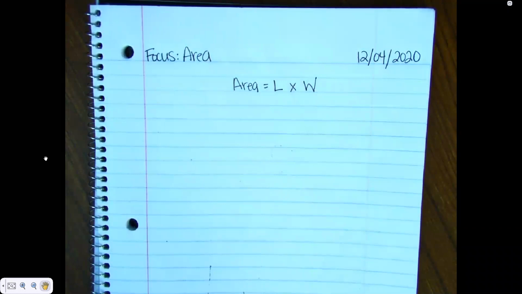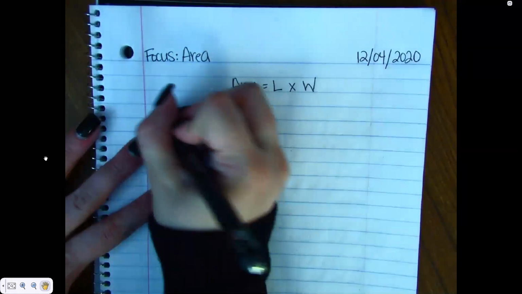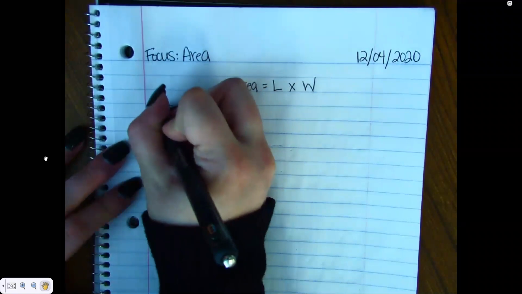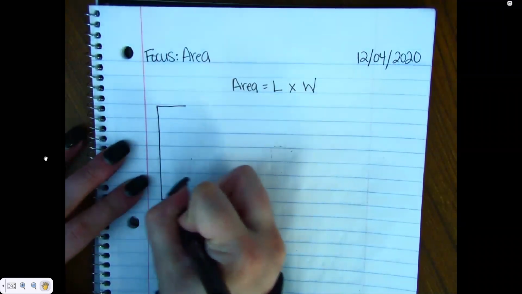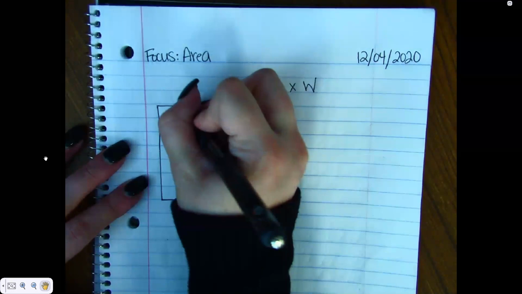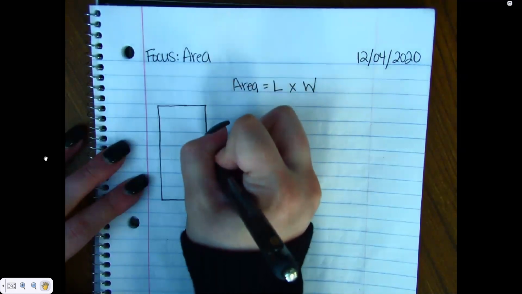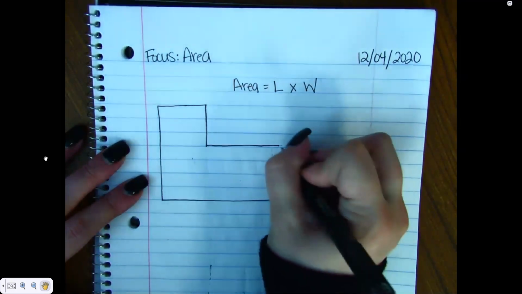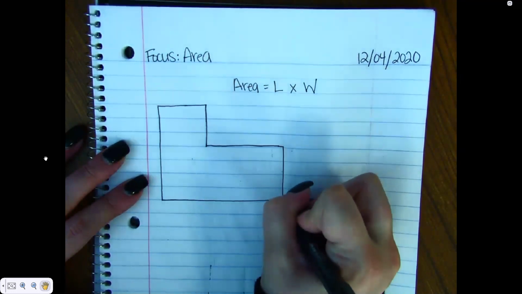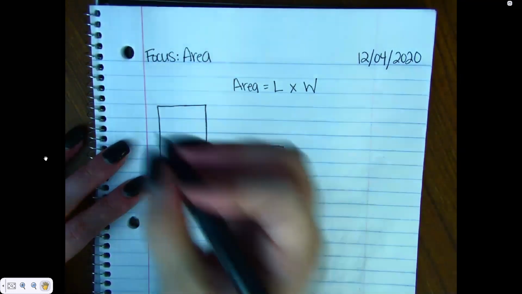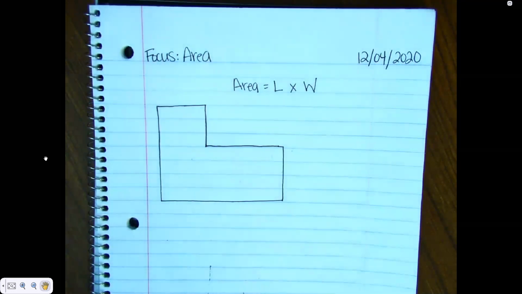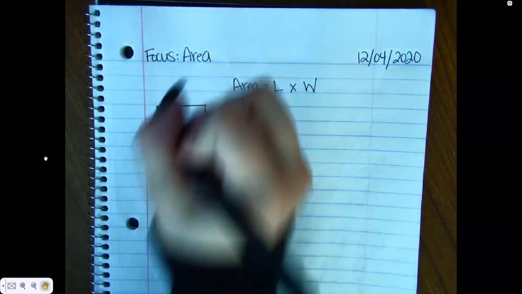So remember, I'm going to give you your figure, and then you're going to solve it, and then we'll move on to our independent practice. Okay, I'm going to do it a little different this time. I'm going to give you the numbers instead of drawing the squares, which should actually make it even easier.